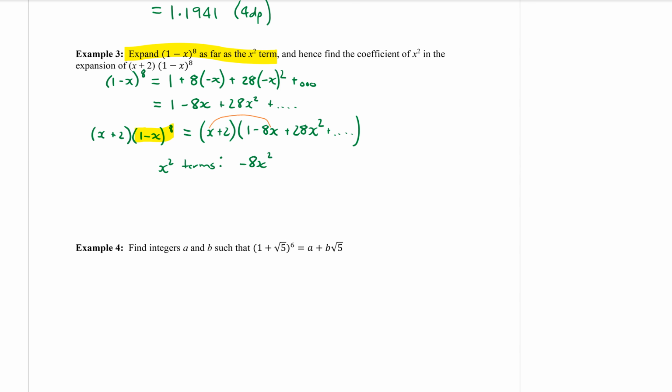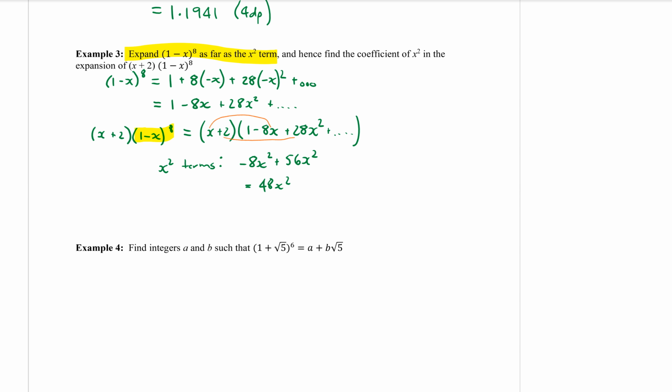I could also get an x squared term if I multiplied the 2 with the 28x squared. That would give me a positive 56x squared. In total, minus 8 plus 56 is 48x squared.